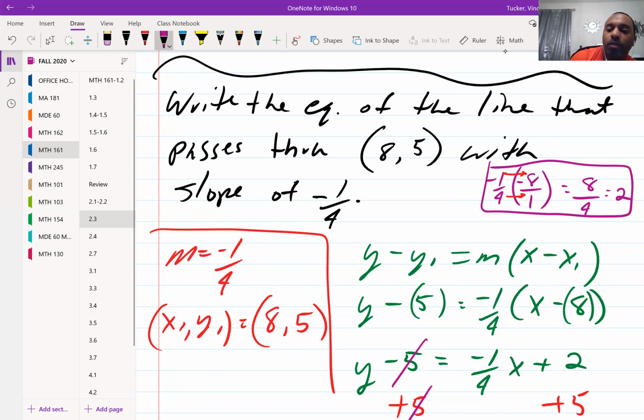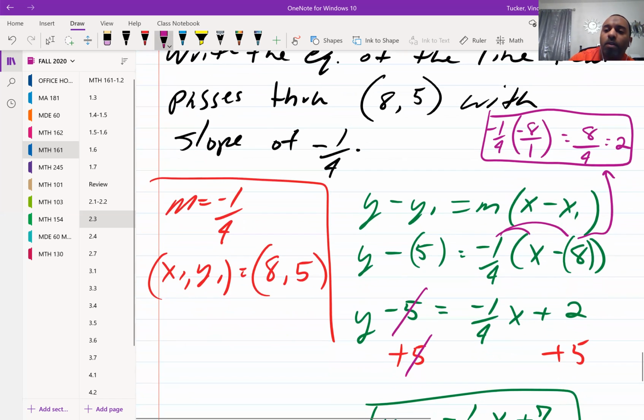We're going to distribute -1/4 to each term, and then here is the breakdown of that multiplication of the fraction. Why does it keep erasing that? There we go. So -1/4 times that -8, that ends up being 8 over 4, which is just 2. And then we will add 5 to both sides.